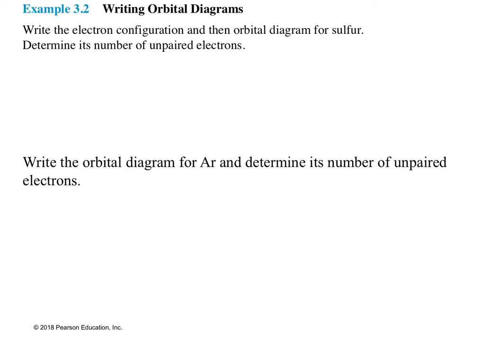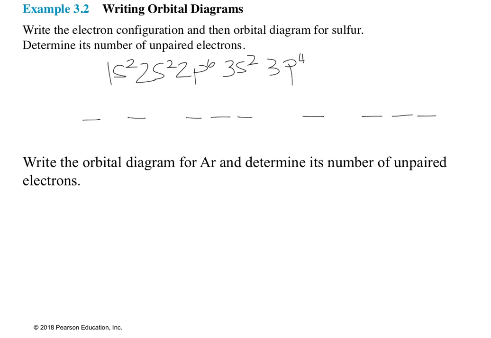So starting with the electron configuration for sulfur, we go 1s2, 2s2, 2p6, 3s2, 3p4. It's in that fourth column of the p block. So when we draw those orbital diagrams, 1s, 2s, 2p, 3s, 3p. Label.